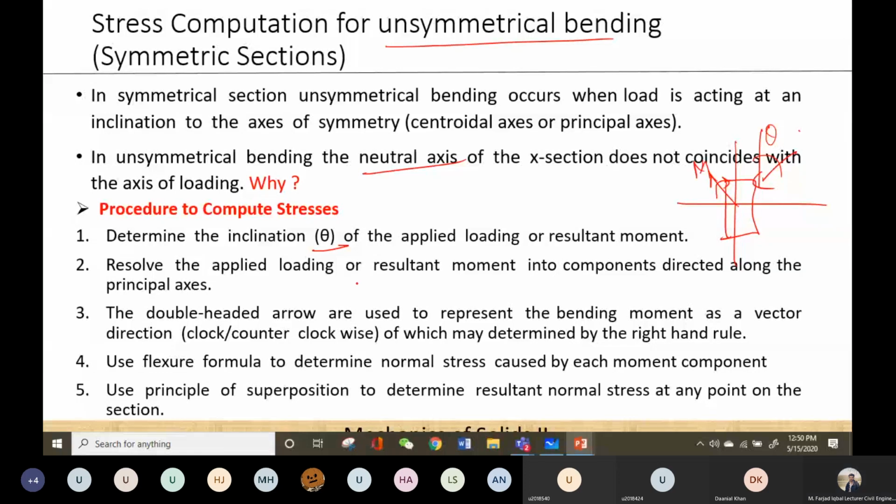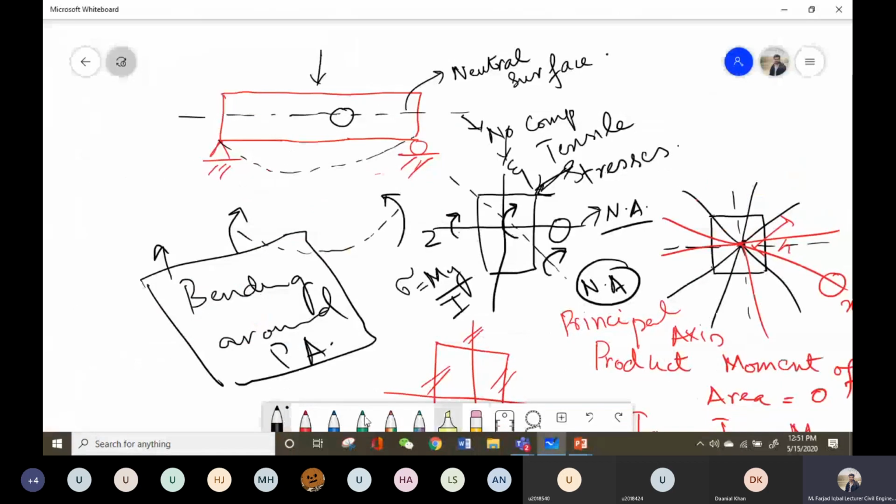Then we will resolve this applied load into two directions. What are these two directions? Resolve this load along the direction of the principal axes, one is this one, the other is this one. Another thing is we will represent the moment by the double-headed arrow. So what does this double-headed arrow mean? Let me show you.